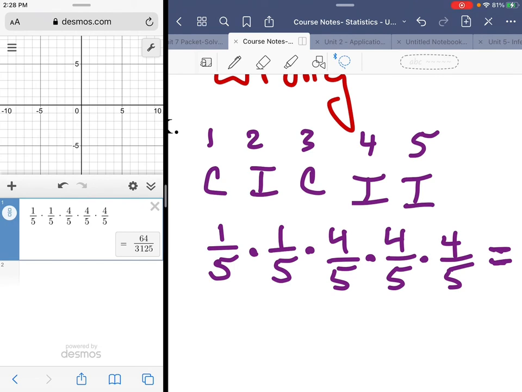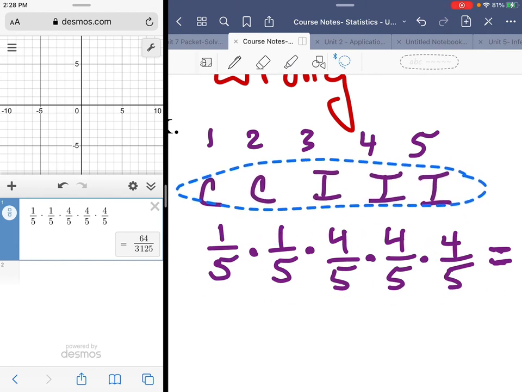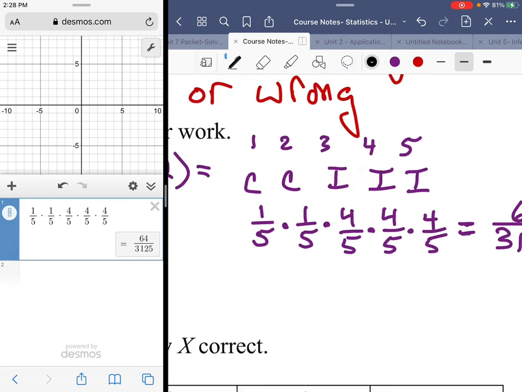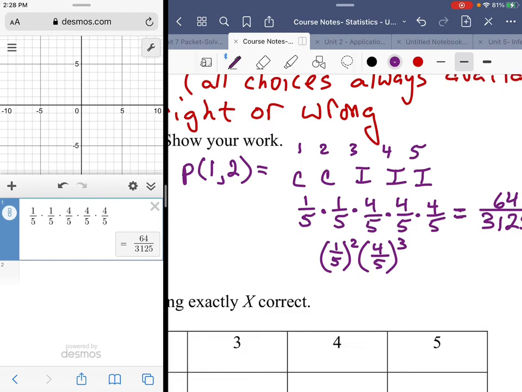In the end, you're still going to have 2 correct and 3 incorrect, so it's still going to amount to the same thing. No matter what circumstance we're working with, we're still going to get that 1/5 to the second power times 4/5 to the third power.